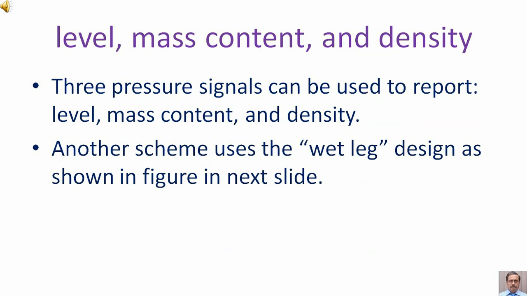Level, mass content and density. Three pressure signals can be used to report level, mass content and density. Another scheme uses the wet leg design as shown in figure in next slide.